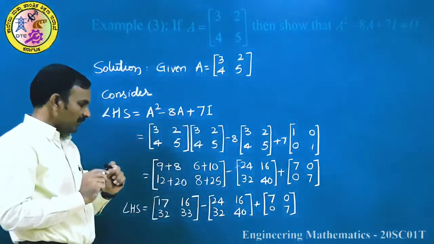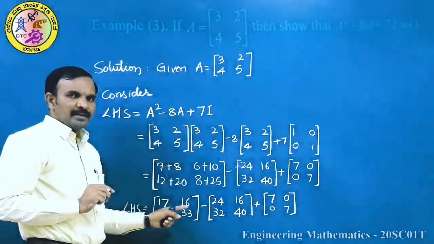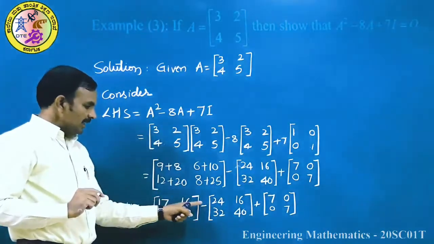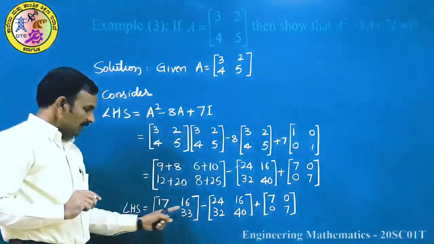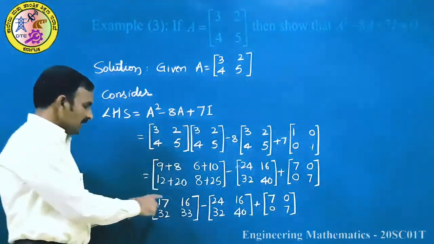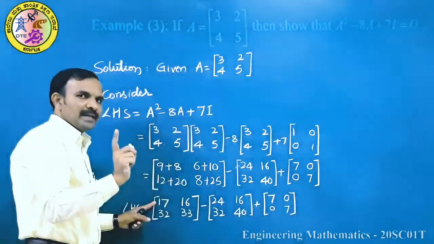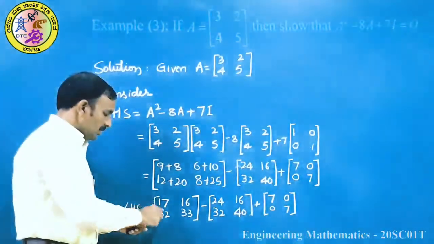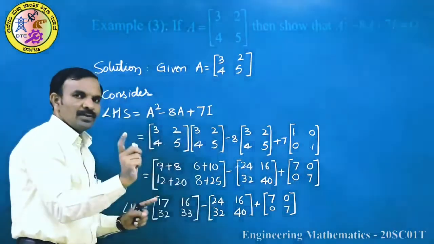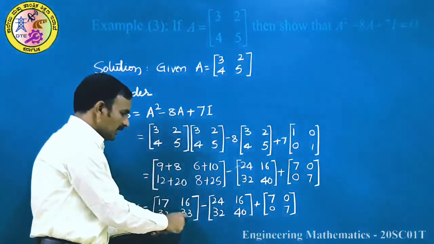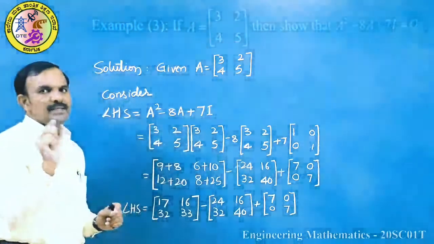Now I am going to simplify the first two matrices: 17 minus 24, 16 minus 16, 32 minus 32, 33 minus 40. What is 17 minus 24? Minus 7. 16 minus 16 is 0, 32 minus 32 is 0, 33 minus 40 is minus 7.